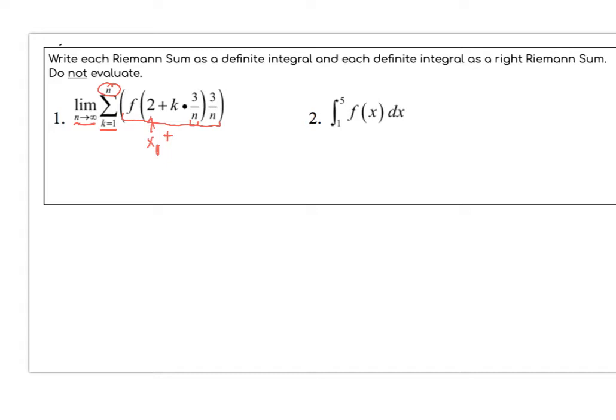So I've got a starting value, that's 2. I'm going to write that as 2 there, just so I know what's going on. I'm also going to put an f of x here, because I know I'm going to have some kind of a function, and a dx, because if we think about this as the height times the width of these rectangles, that's going to help us here.